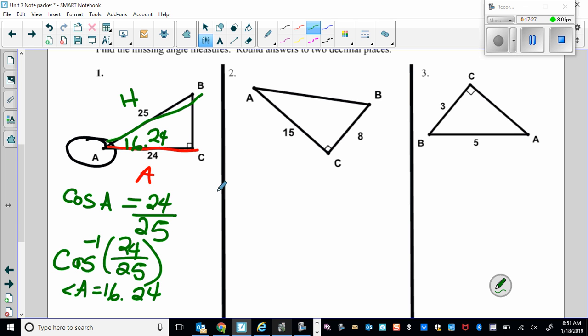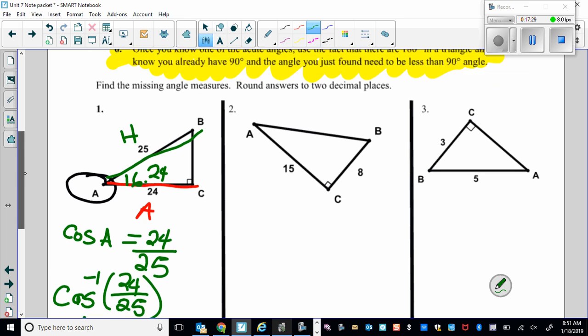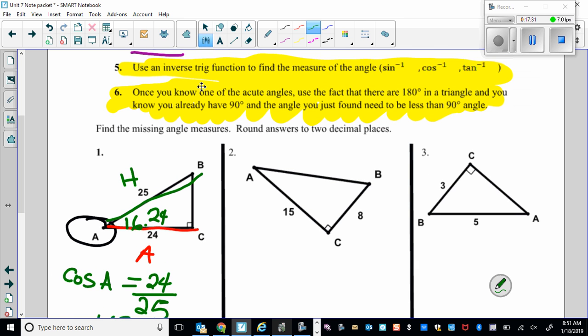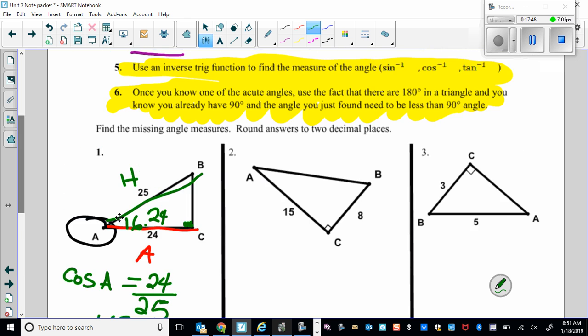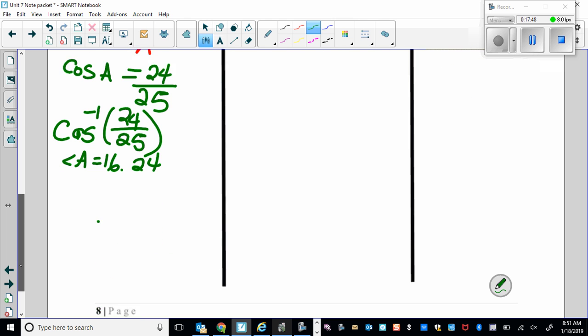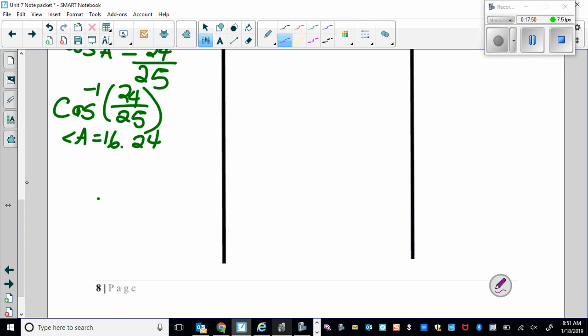So what it's saying here, number 6, is once you know one of the acute angles, which we just did, the fact that there are 180 degrees in a triangle, and you already know that you have a 90 degree here, right? That's a 90 degree. Then to find the B, all you do is, I'll do it both ways so that you guys can see, angle B would be 90 minus 16.26.